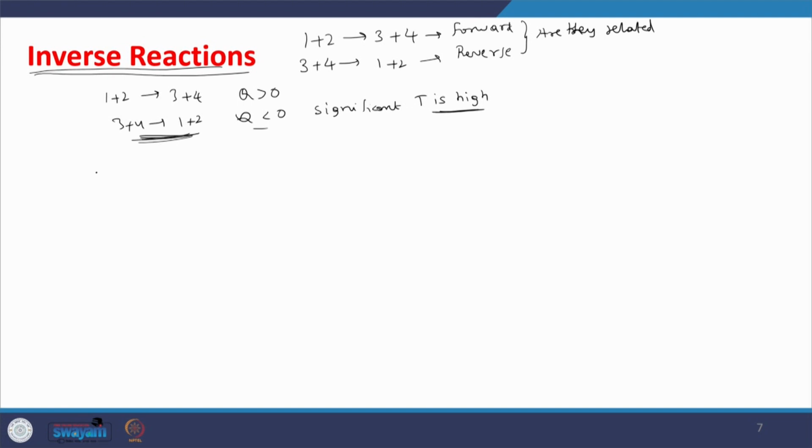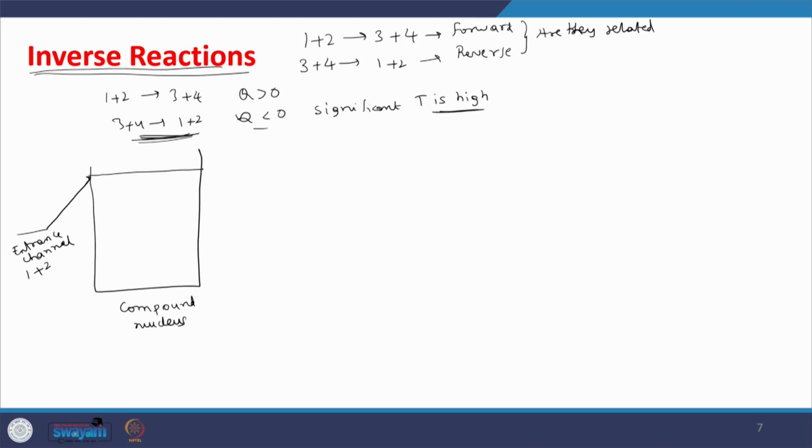How can we draw this in terms of a compound nucleus? This is the entrance channel. The word entrance channel denotes that nucleus 1 and nucleus 2 undergo reaction and a compound nucleus is formed in an excited state. Compound nuclei are generally not formed in the ground state.